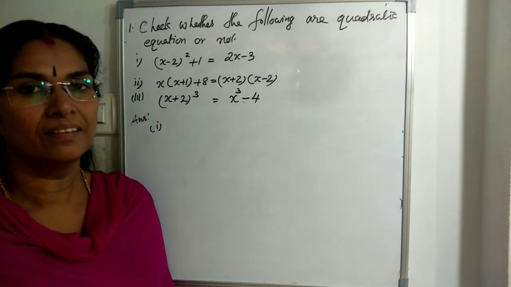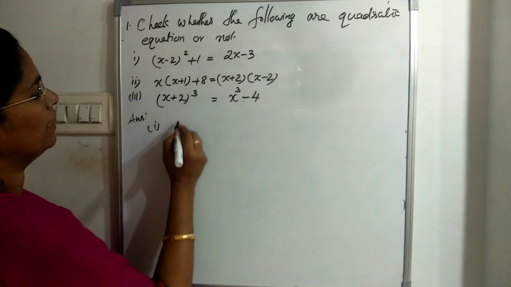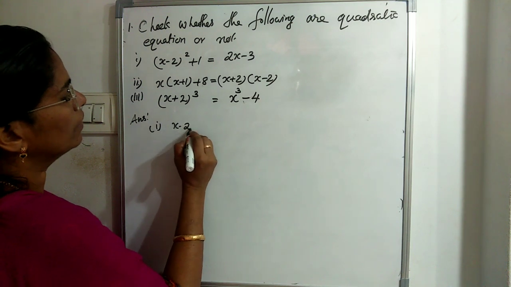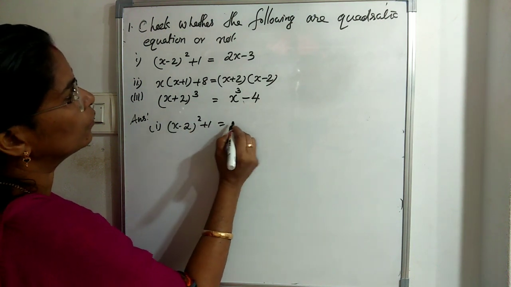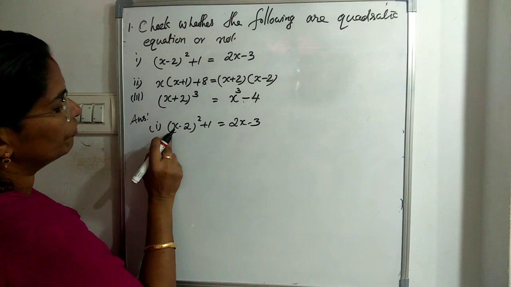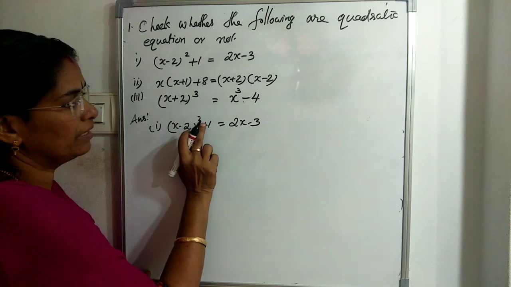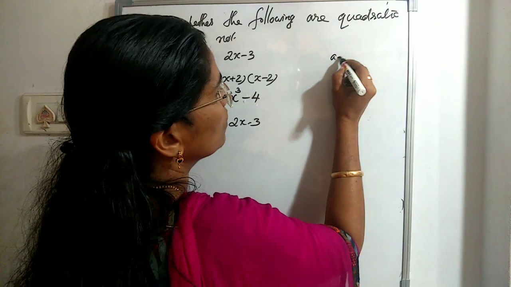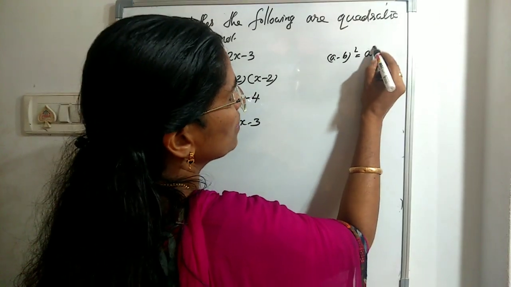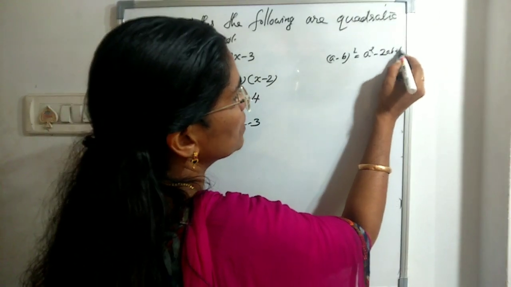We can check. Okay. x minus 2 whole square plus 1 equal to 2x minus 3. First you have to apply the identity a minus b whole square here. What is a minus b whole square? a square minus 2ab plus b square.